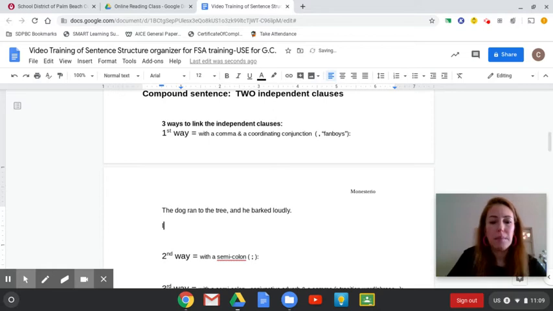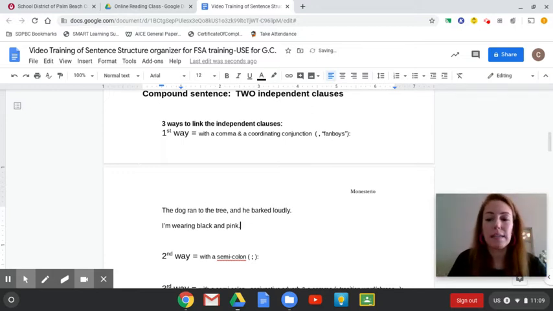Okay, I'm wearing black and pink. Period. Now look, I'm wearing black. Is that a complete thought? Yes, that's a complete thought.